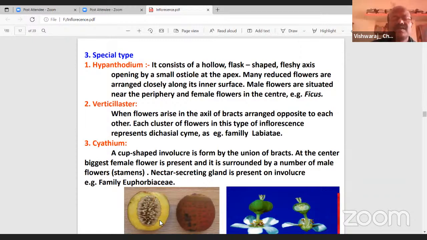In these inner parts, male flowers are situated near the peripheral side, and the central flowers are female. That is a Hypanthodium, a special type of inflorescence.